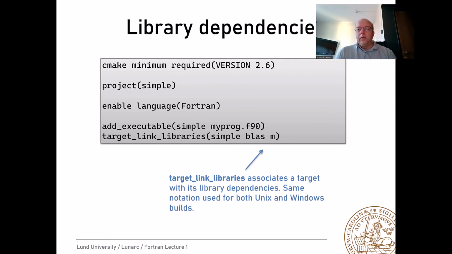On a Linux machine, it will be libblas.something. So you can specify the name of the library, and it will add the extension in Windows and add prefixes and suffixes in Linux. In many cases, you need to handle that by using if statements in your CMake file, but it tries to be as neutral as possible when it comes to platforms.